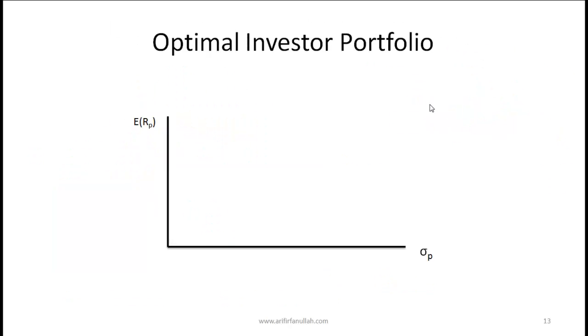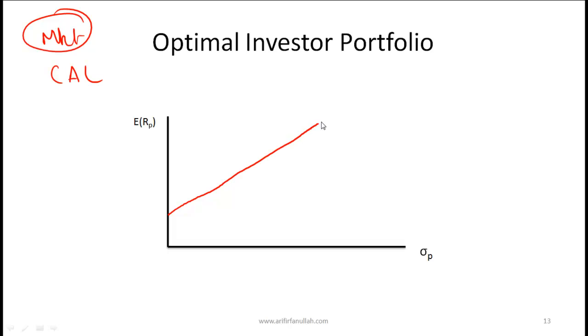Now let's talk about the optimal investor portfolio. We are going to combine the capital allocation line, which gives us a picture based on the market reality, with the indifference curves, which are the curves related to a given investor. As discussed earlier, we have a capital allocation line which looks like this.